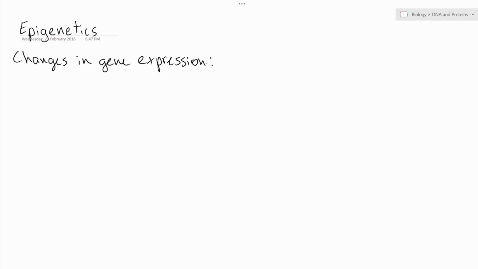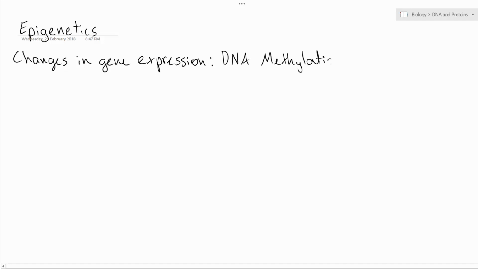The way that we see gene expression being altered comes about from a couple of methods previously mentioned, things like DNA methylation, so the addition of methyl groups to cytosine bases in our DNA in order to silence genes.